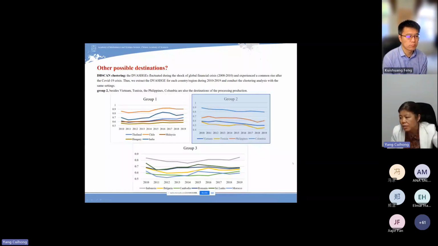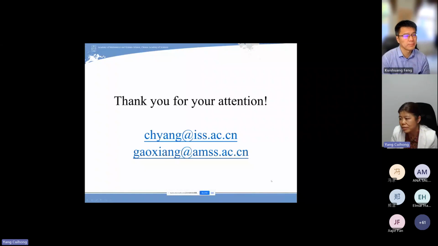I think this is still ongoing work. We are still refining the process, and also making some sensitivity analysis and robustness checks. This is preliminary results. I think this is all I would like to introduce about our work. Thank you very much for your attention.